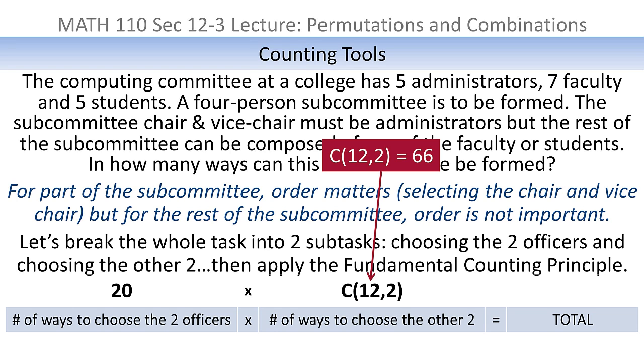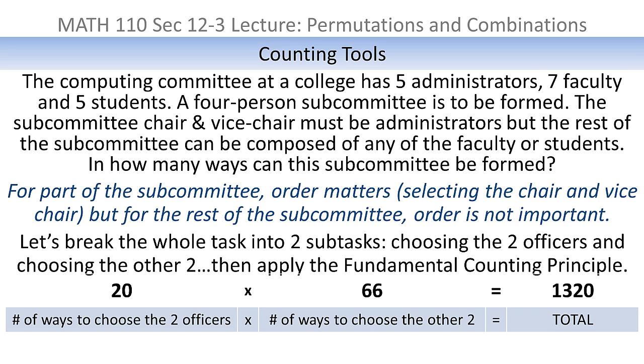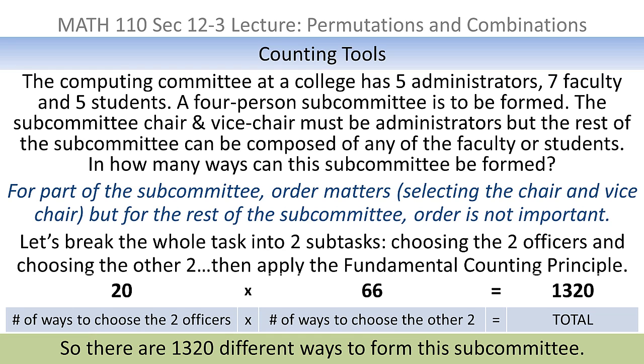So you'd be 12, shift 2, 2, equals, and you'll come up with 66. And then you take 20 times 66, and you'll get 1,320. So using the fundamental counting principle and the formula for permutations and the formula for combinations all in the same problem, you find out that that subcommittee can be formed in 1,320 different ways.